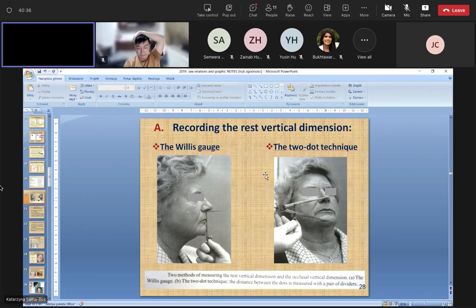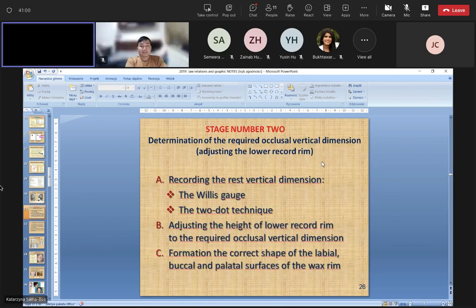The distance between the dots is measured with a pair of dividers, and also we can measure it using a ruler, and also some paper, by marking the points on the paper. It is most important to appreciate the inherent inaccuracies of both measuring methods. But the most useful method is the two-dot technique.